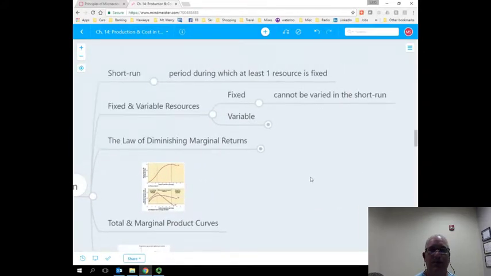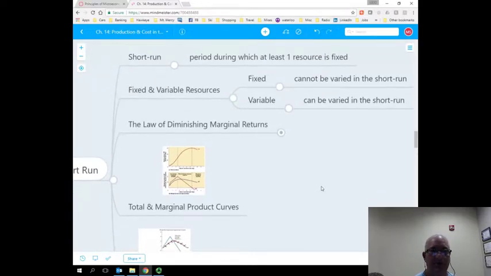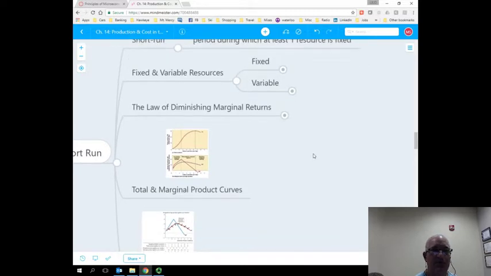Fixed resources cannot be varied in the short run. Variable resources can. That's the difference between the two in the short run, which will distinguish it from the long run a little later. So you've got to have at least one fixed resource in the short run.